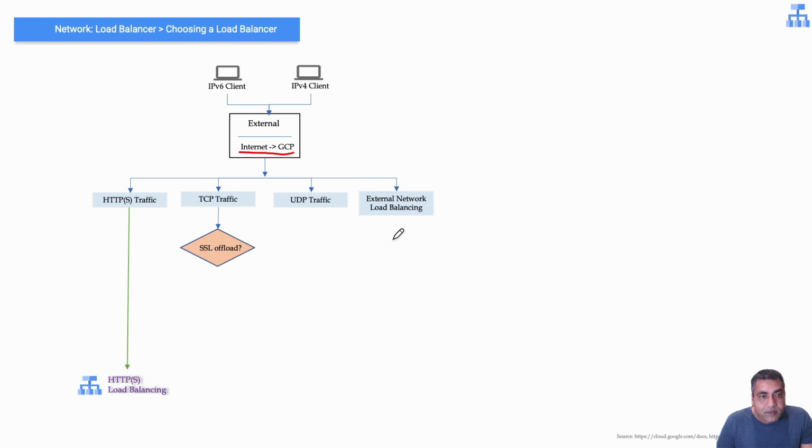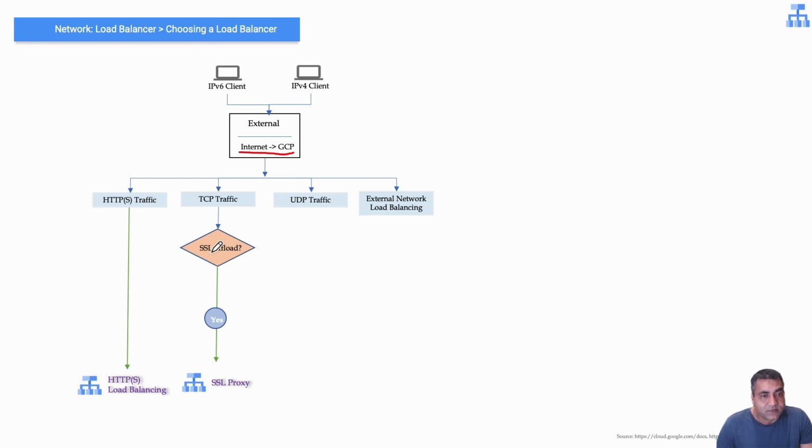Now, if it's TCP traffic, then you look at whether the SSL needs to be offloaded. If the SSL needs to be offloaded, then you use SSL proxy. So with SSL proxy, first thing, it's non-HTTPS traffic. SSL/TLS traffic terminates at the load balancer.